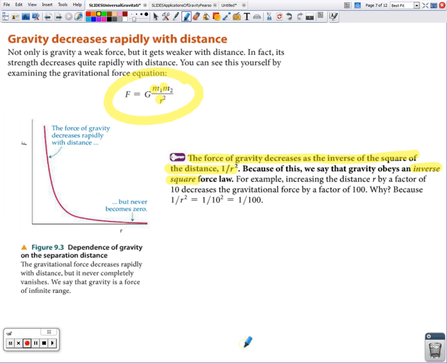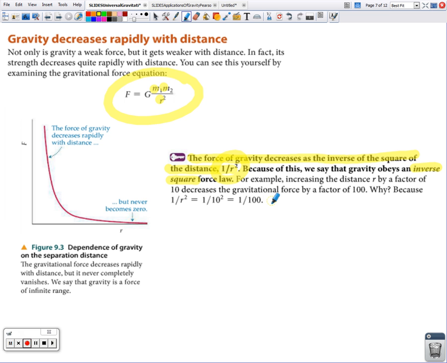But with that squared factor, if we move two objects twice as far apart, it's not 4 times, it's 1/4, because it's 1 over r squared. It's the same idea as kinetic energy, but now the squared part is on the bottom. So if we move something 10 times as far, it's 1/100th of the force.